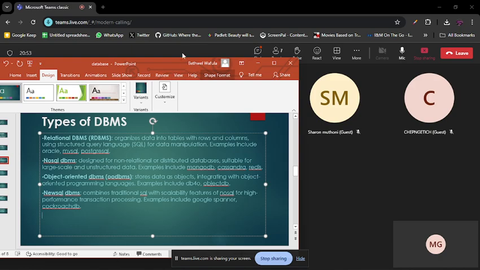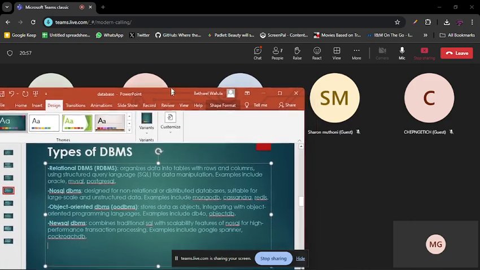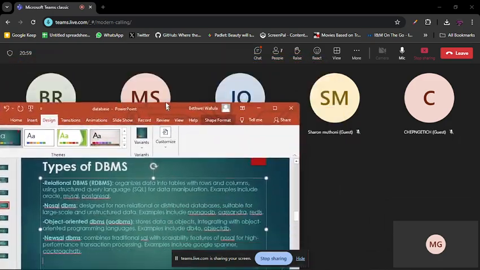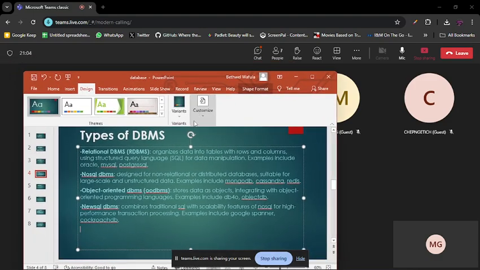And any other? Any other student? Okay. So the other types of DBMS include the object-oriented DBMS, NoSQL DBMS, and the NewSQL DBMS.